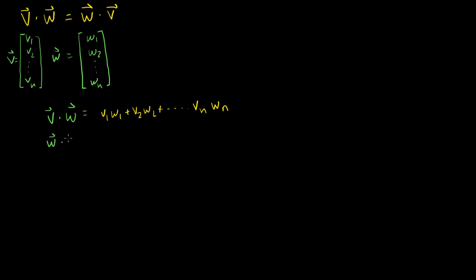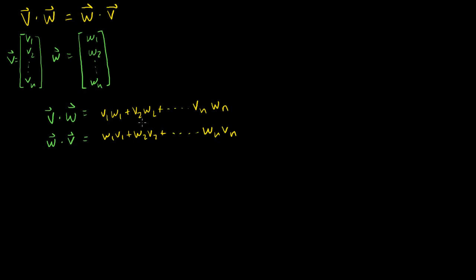Fair enough. Now what does w dot v equal? Well, when I made the definition, you just multiply the products, but I'll do it in the order that they gave it to us. So it equals w1 v1 plus w2 v2 plus all the way to wn vn.